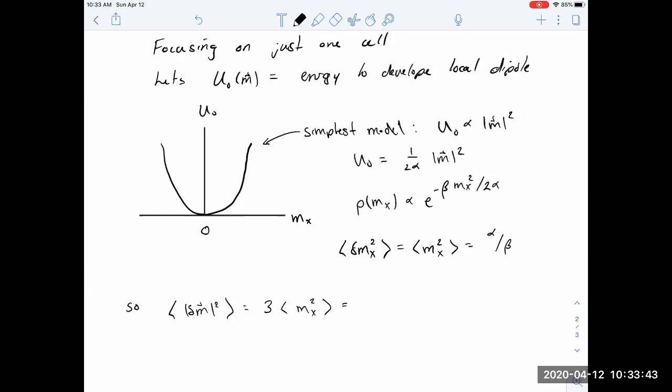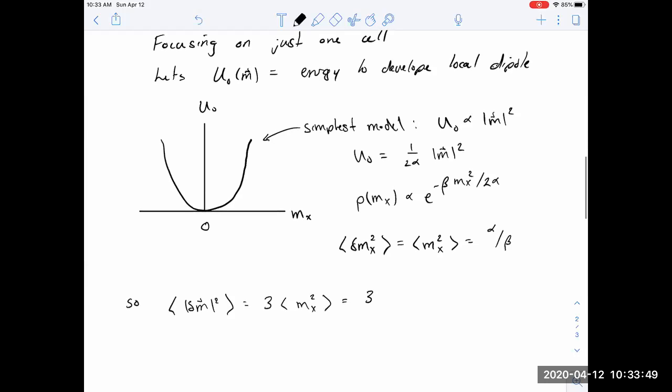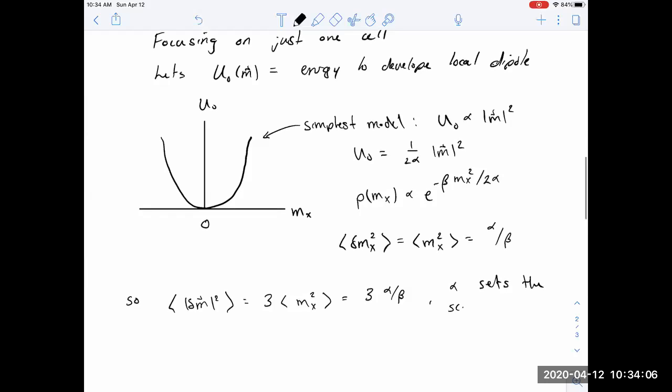I have 3 components, so I have a factor of 3 to relate the magnitude to the individual component. Putting that all together, I have 3 times alpha over beta. That's the variance of the total dipole. So then again, just to say in words, alpha sets the scale of dipolar fluctuations.